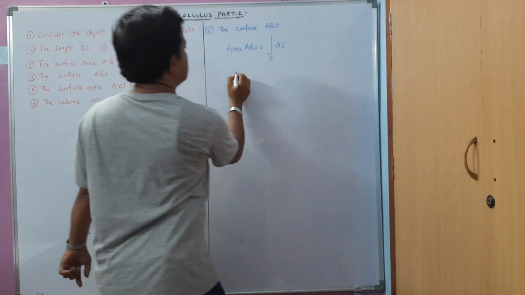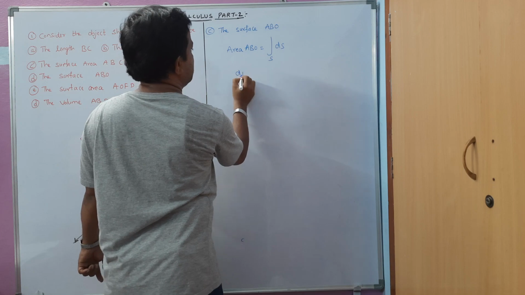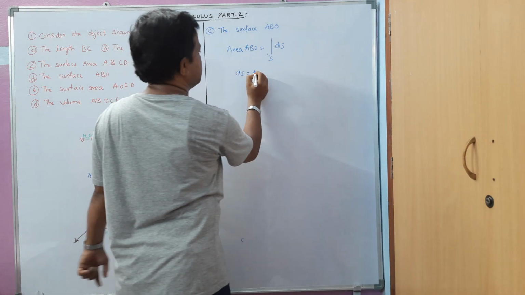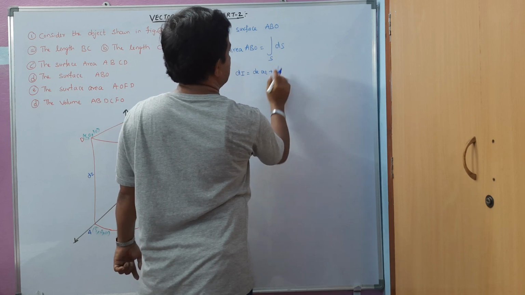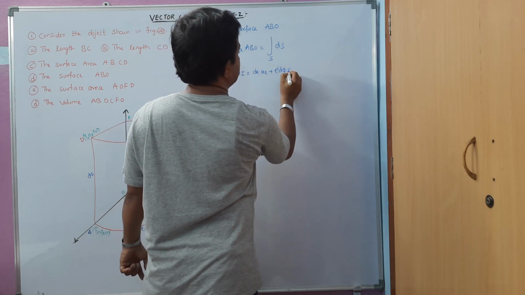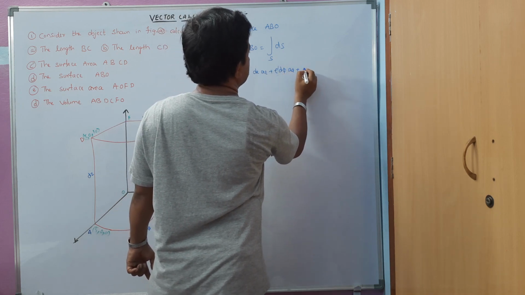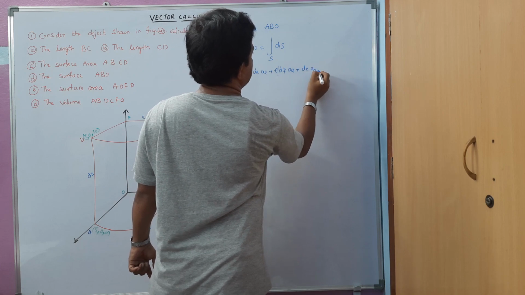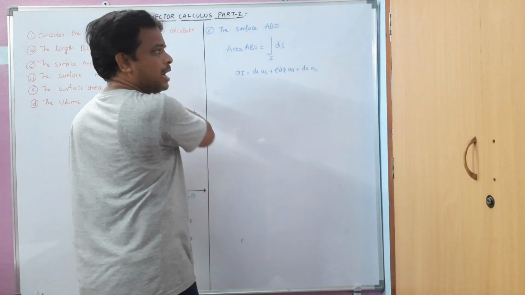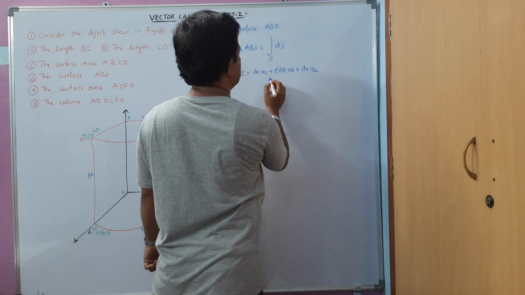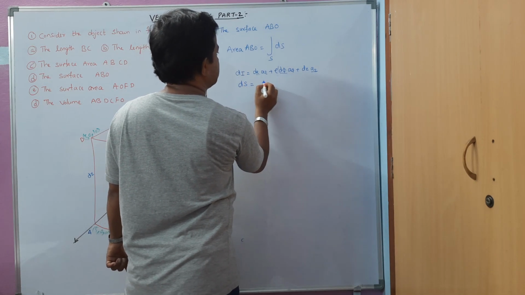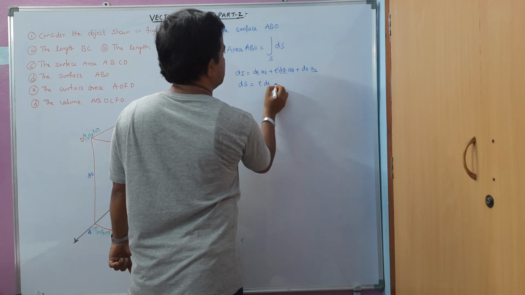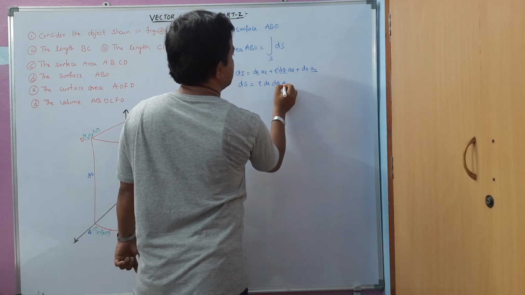As we know, the differential length for the cylindrical coordinate system is d rho a rho plus rho d phi a phi plus dz az. Here the surface is along the z direction, so we need to multiply these two. So the differential surface will be rho d phi into az.